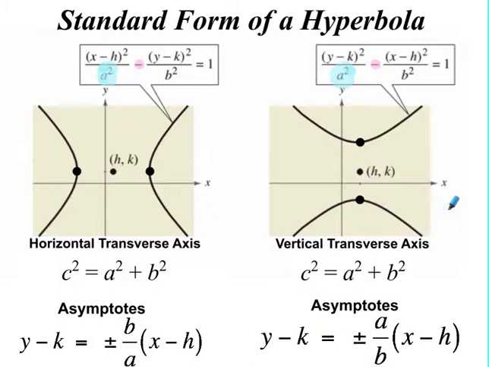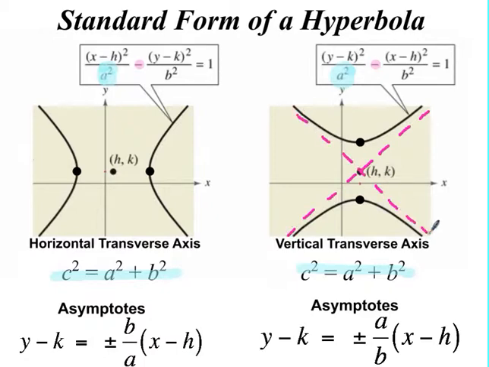All right, the equation you need to remember is different than the one we learned with an ellipse. C squared equals A squared plus B squared. And last but not least, asymptotes. You're probably wondering, what are those? Asymptotes are guidelines for how we draw our hyperbola in. An example might be this one right here.